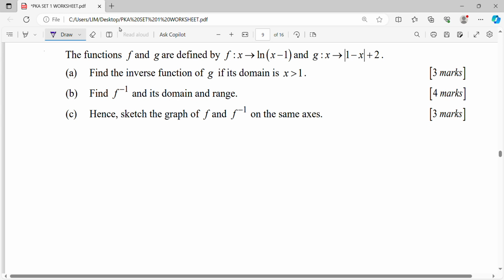For this question, they said the functions f and g are defined as a logarithm function and a modulus function. Find the inverse function of g if the domain is x more than 1.